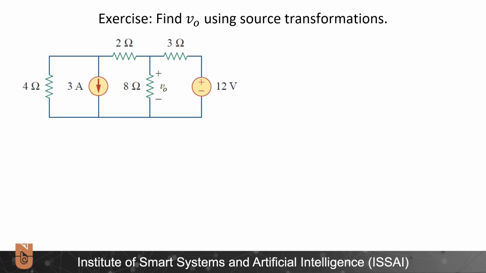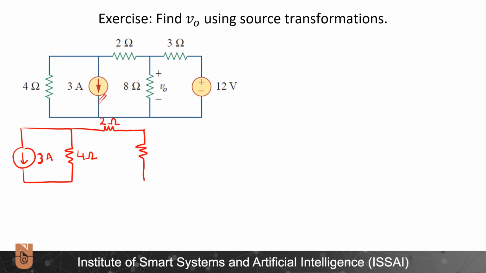Now I need to solve this question using source transformations. It's always confusing for me if the current source is in the middle of the circuit, so I will simply do a trivial operation here and then put my current source here, 3 amperes. We have 4 ohms. Then here I have 2 ohms.